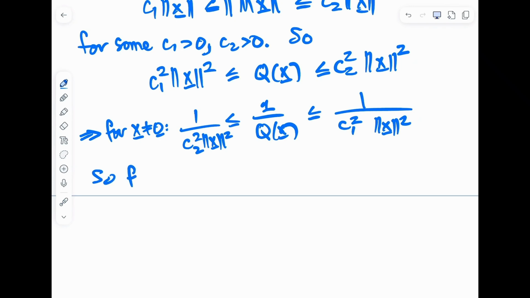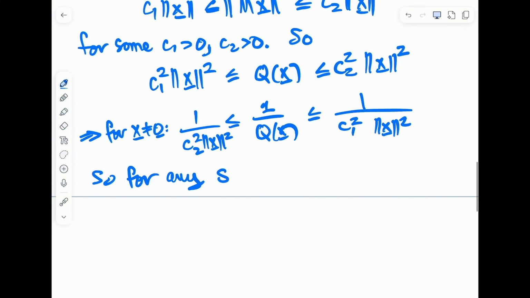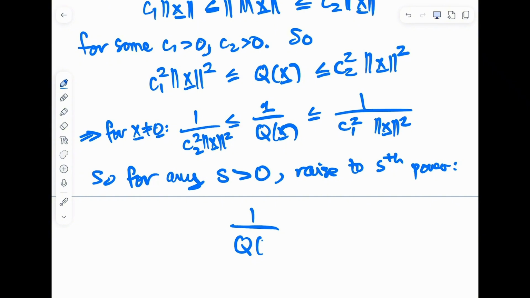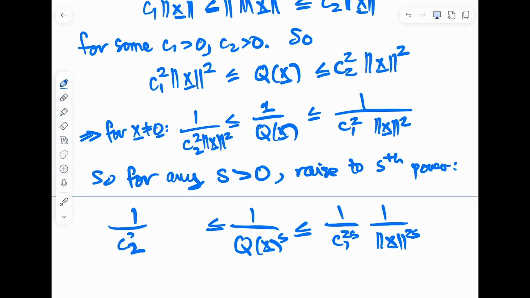Okay, so for any s greater than 0, raised to the s power, we get a constant times squared length to the s, and bounded below by a constant times squared length to the s.